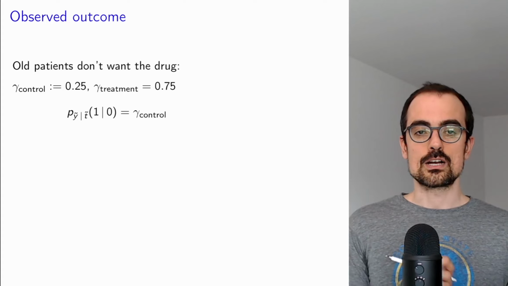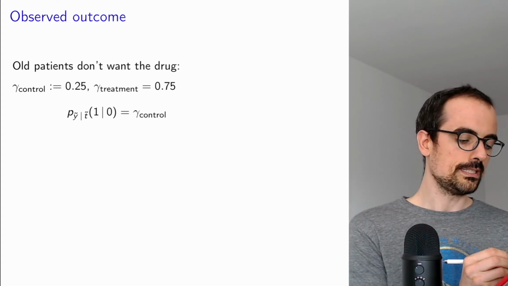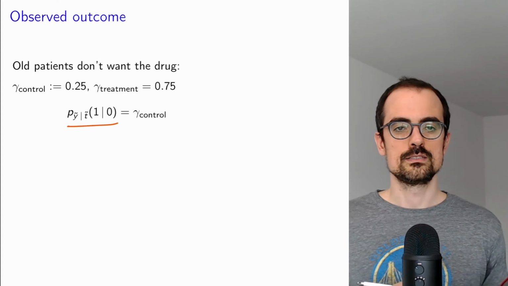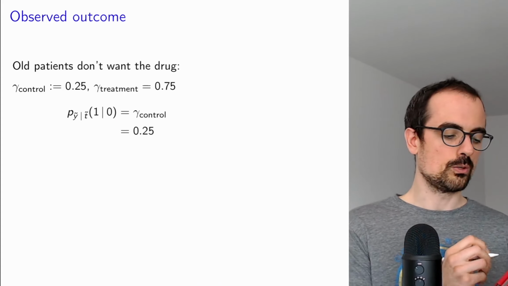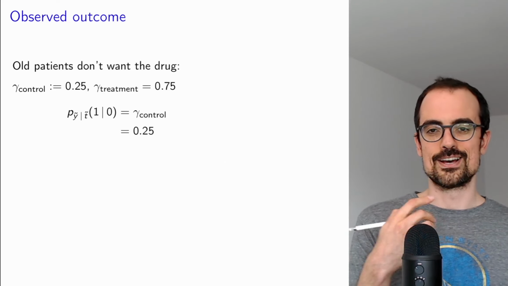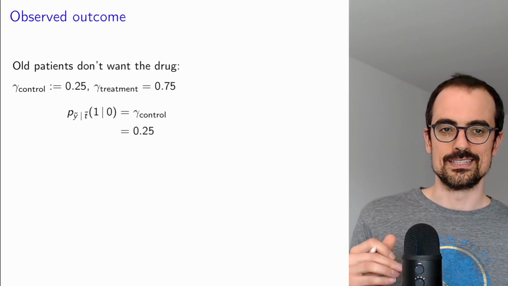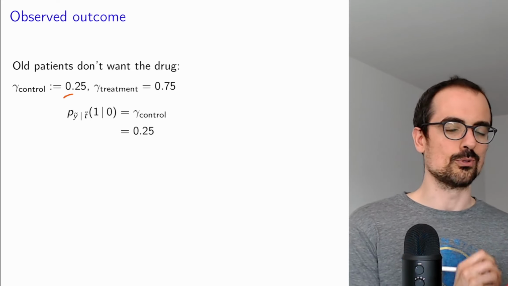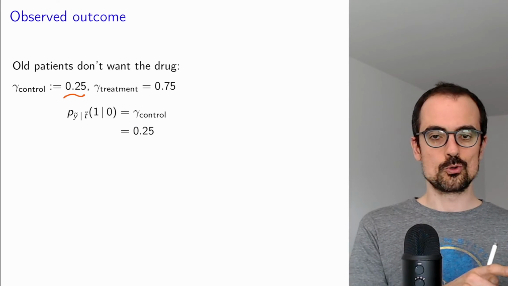So if that is the case, according to our calculations, the probability of recovering given that you did not receive the treatment is going to be equal to 25%. Remember that none of the old people recover and the young people all recover, but there's only 25% of them in the control group.